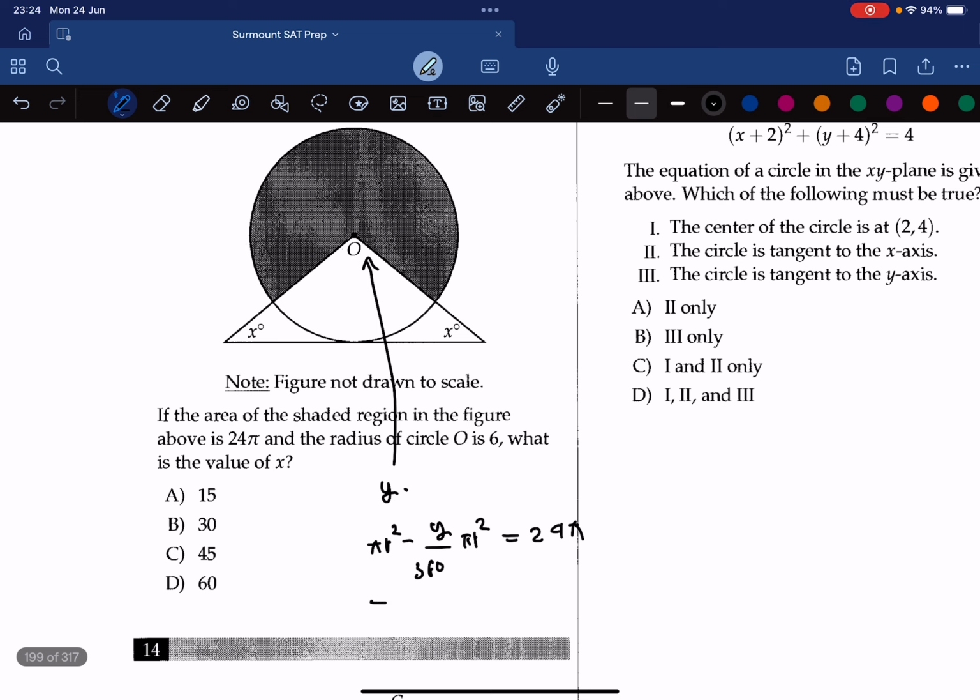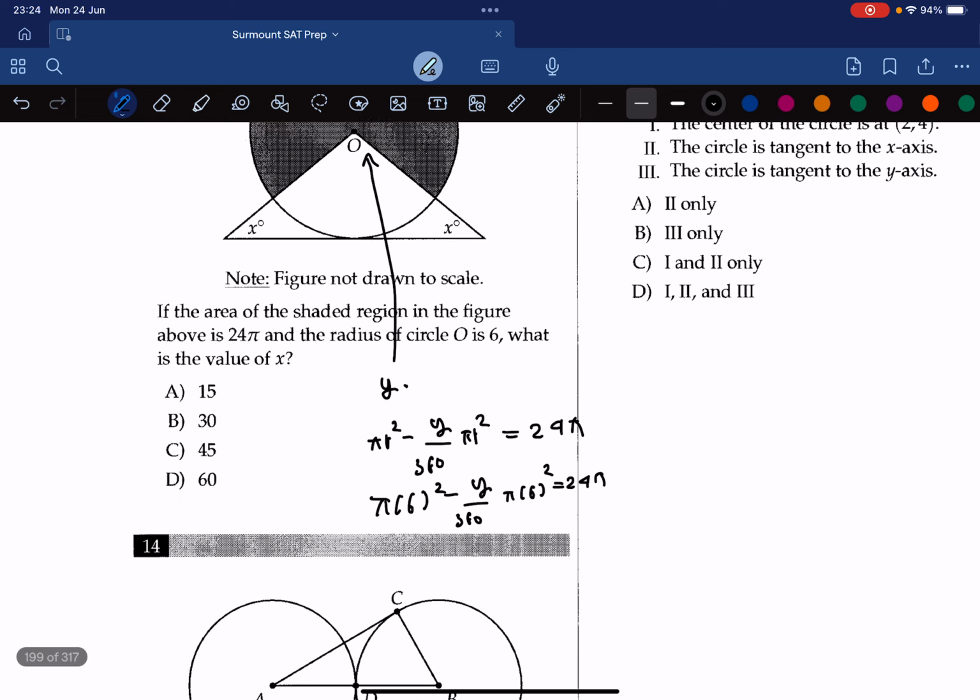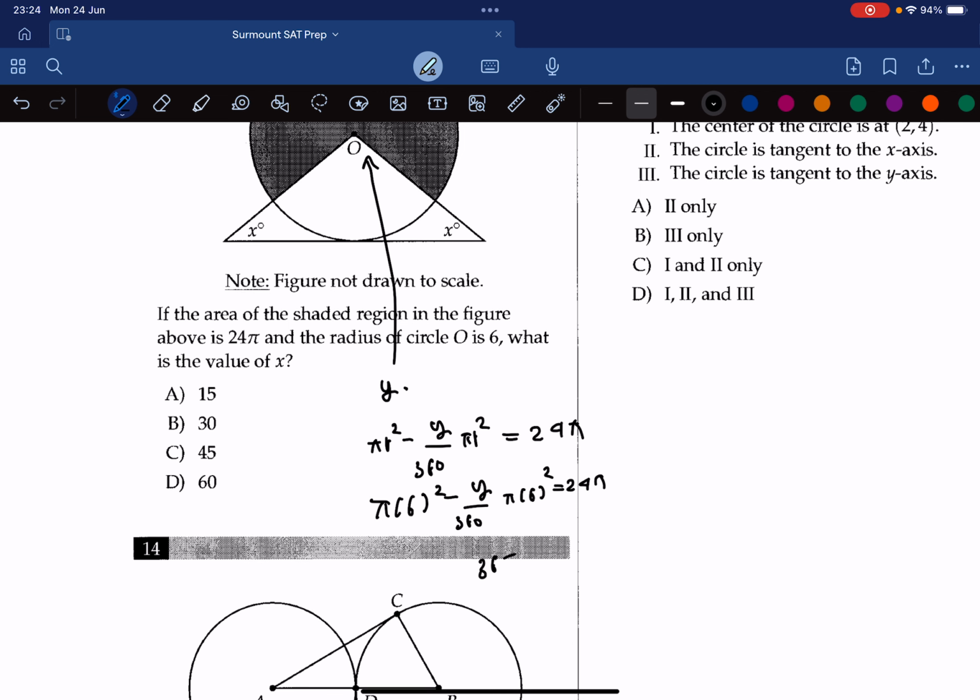Now we can just plug in the values for r, and then we can solve for y. So that's 36 pi minus y over 10 pi is equal to 24 pi. So we can get rid of pi, and we'll get 36 minus y over 10 is equal to 24.